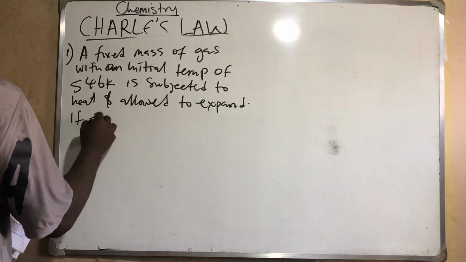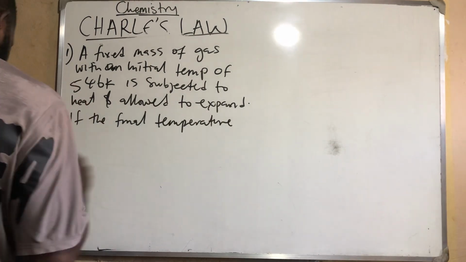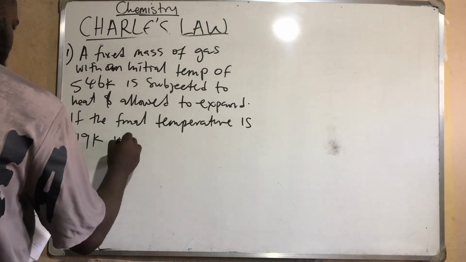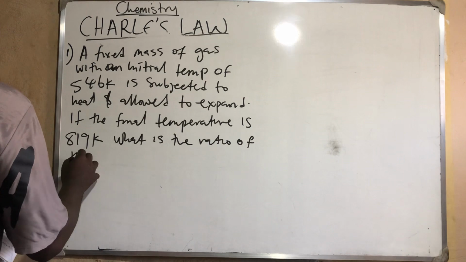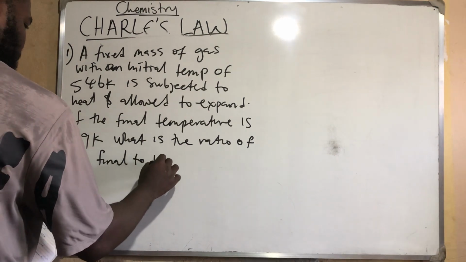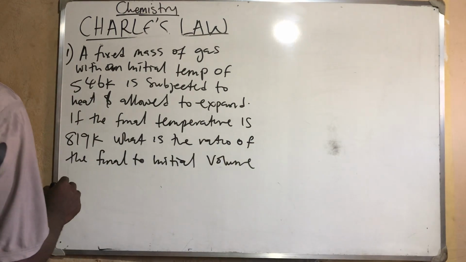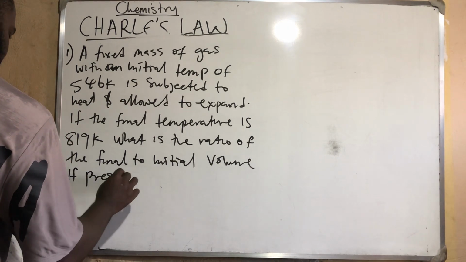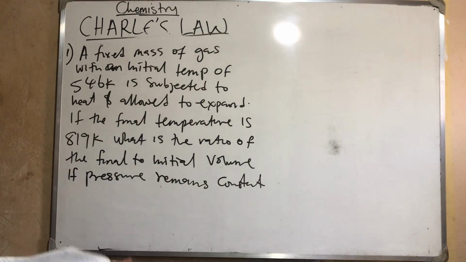If the final temperature is 819 Kelvin, what is the ratio of the final to initial volume if pressure remains constant? So this is very, very simple.